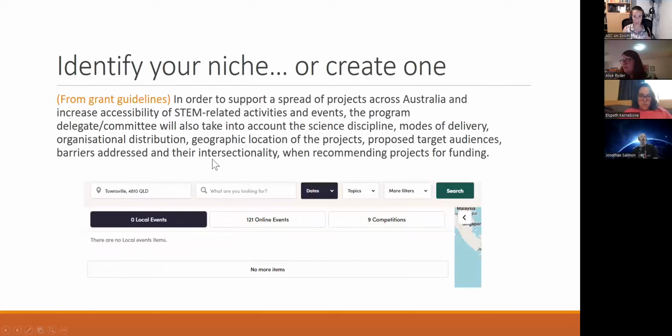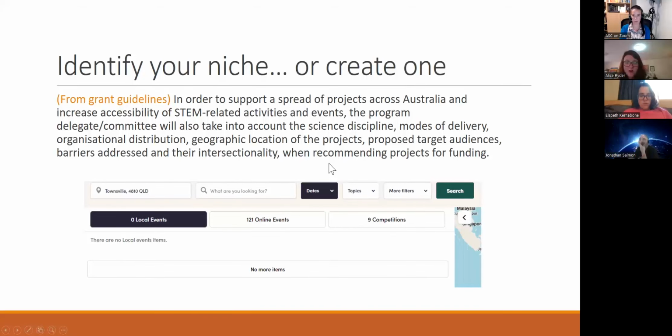The other thing in terms of reach and impact, and this relates back to our looking at the ecosystem that you live in, is that I'd really encourage you to find your niche, find the thing that makes your event special, or to create one. So literally lifted from the guidelines, in order to support a spread of projects across Australia and increase accessibility of STEM-related activities, the committee will look at the mixture of events, science disciplines, modes of delivery, organisational distribution, geographic location, proposed target audiences, and barriers addressed when recommending projects for funding.